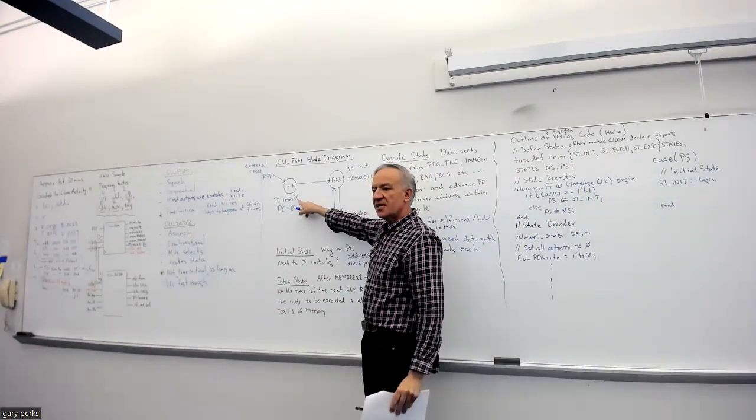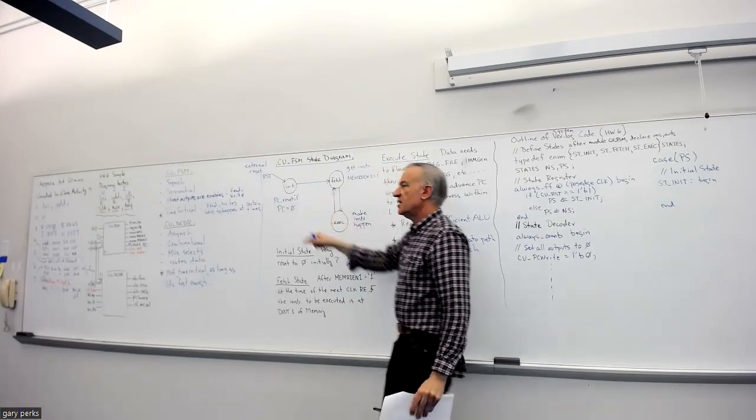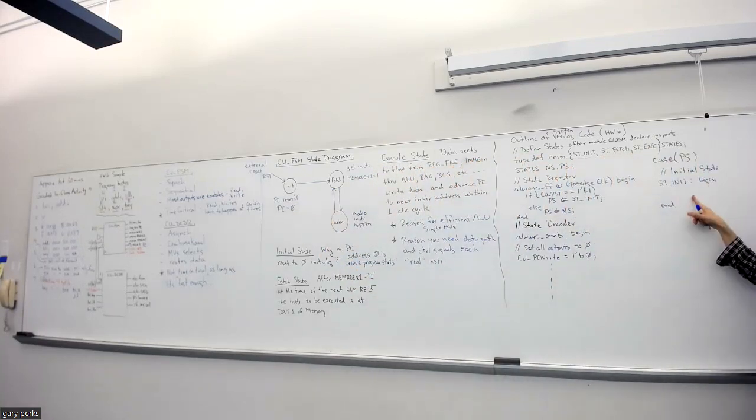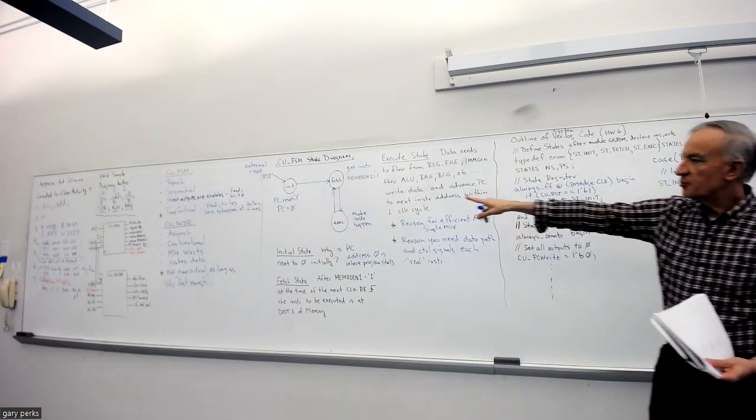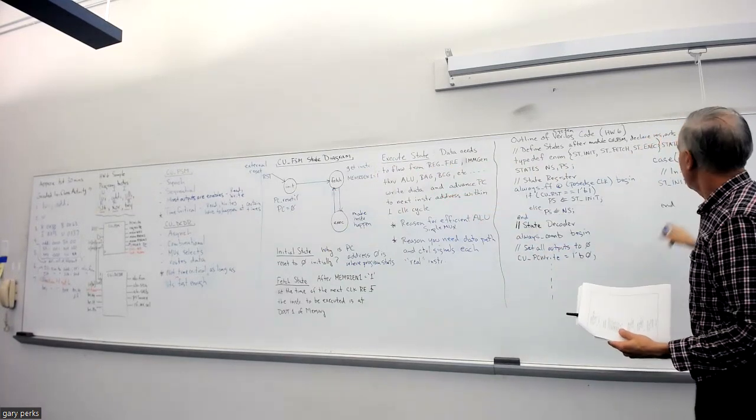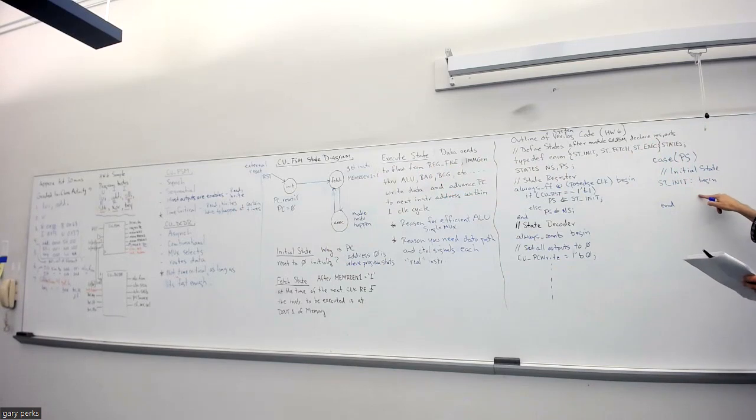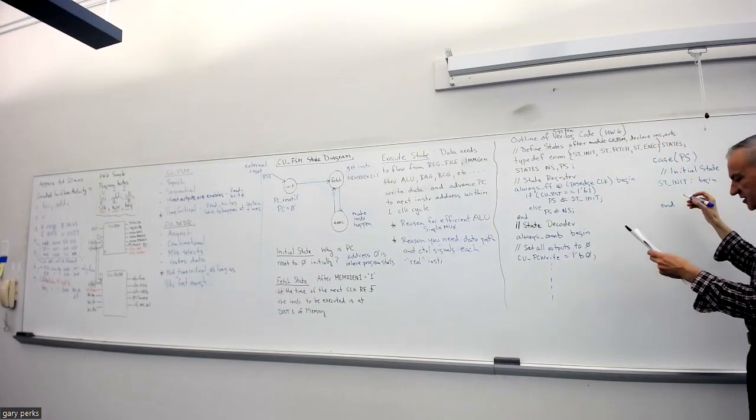So you want to set PC reset to 1, and then where do you want to go after the initial state? The fetch state. So you'll have a line that sets PC reset to 1, and then next state equal.